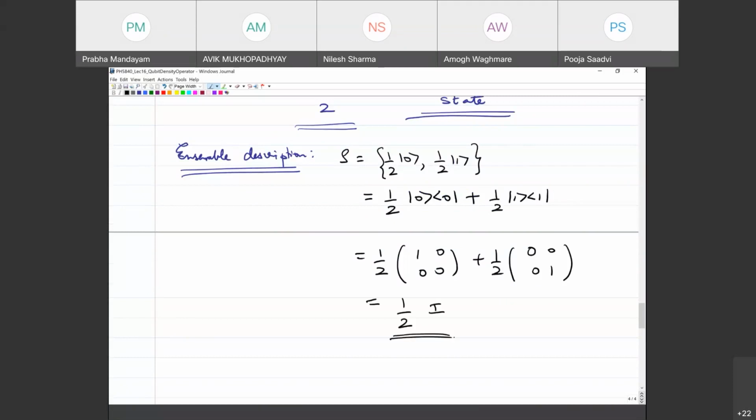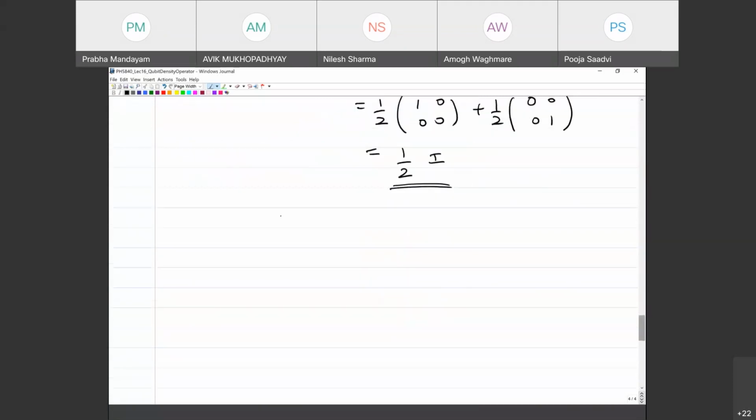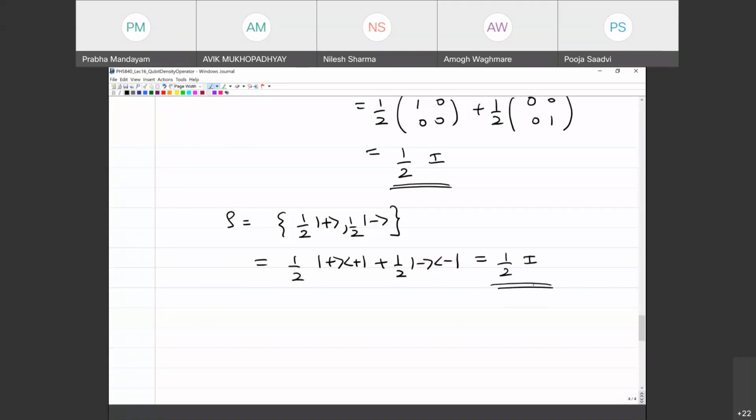Now you work out another ensemble description. Take an equal mixture of ket plus and ket minus. So what is this state? Half plus plus plus half minus minus. What is this? This also should be half identity. Please check this. But the point is, this is some pair of orthogonal projectors, and this is a two-dimensional space. So if I take two orthogonal projectors and sum them, I should get identity. That's the whole completeness relation, right?